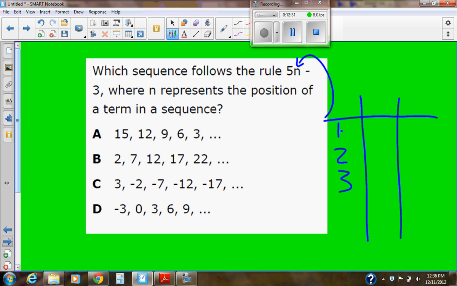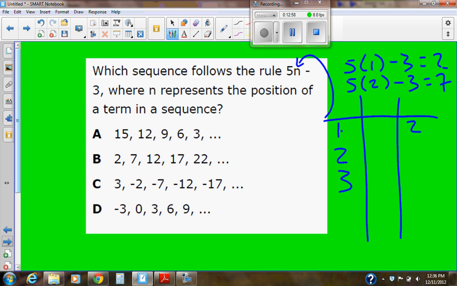So 5 times 1 is 5, minus 3 is 2. So now we need to plug in 2. Sorry, 5 times 2 is 10, minus 3 is 7.